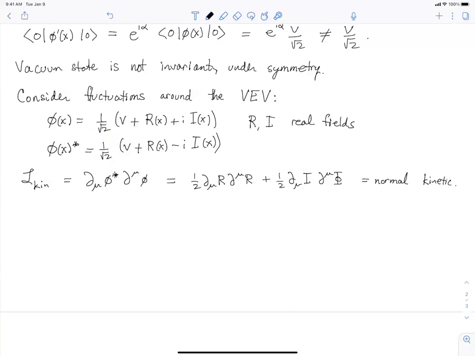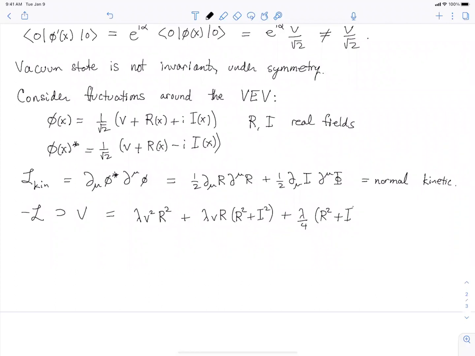Okay, and then if you write down the Lagrangian, actually minus the Lagrangian contains the potential. And so now if you just take these expressions and plug them into the potential, you will find the following. There's lambda v squared times r squared plus lambda v r times r squared plus I squared plus lambda over 4 times r squared plus I squared, squared.